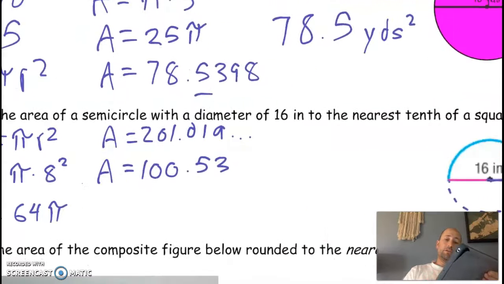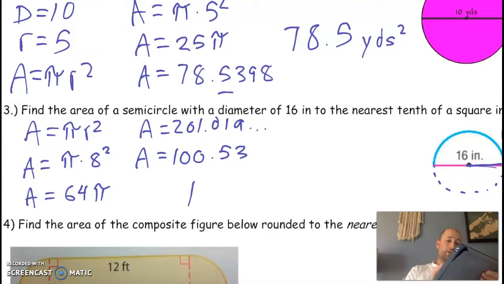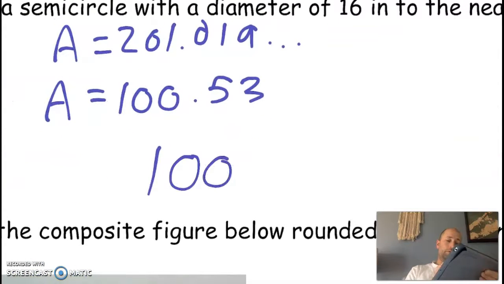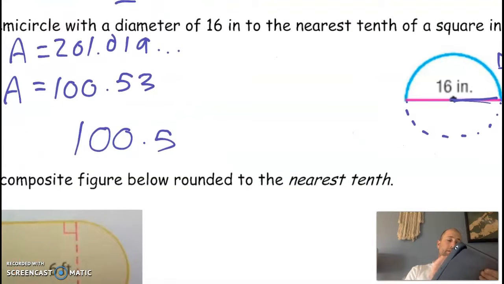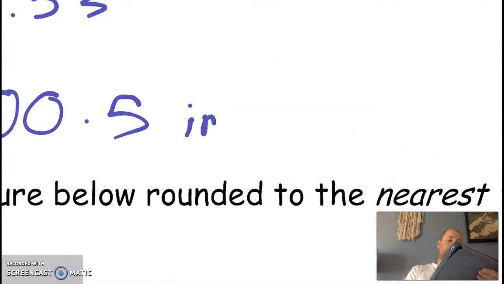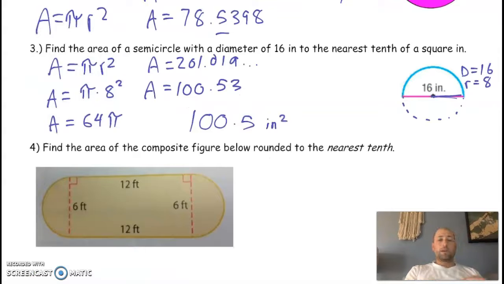To the nearest tenth, our area is equal to 100.5 inches squared.